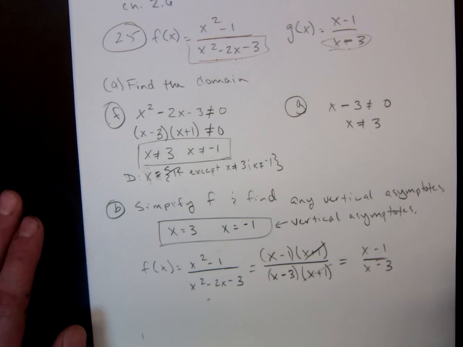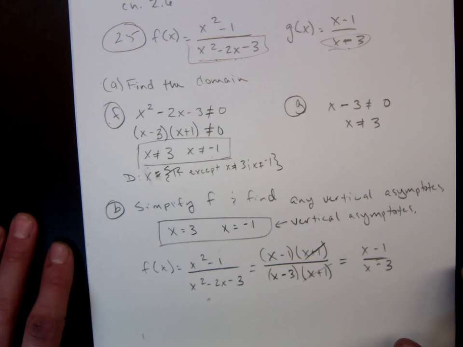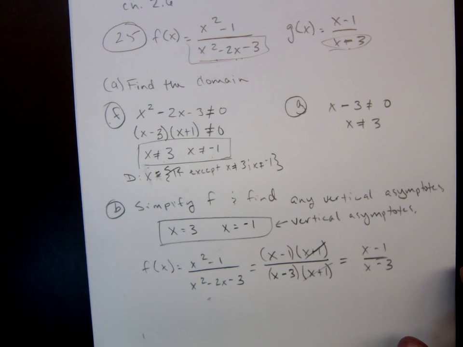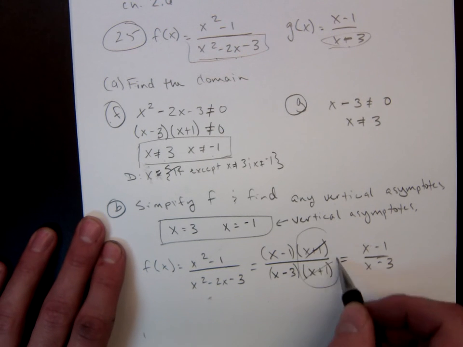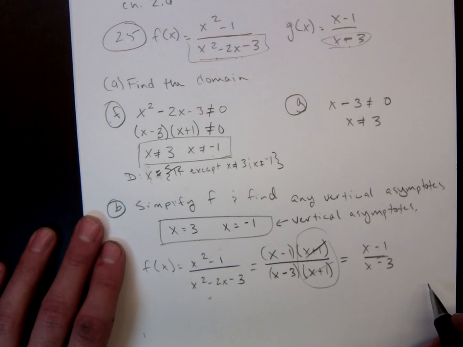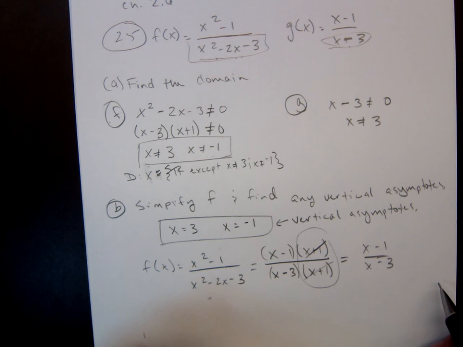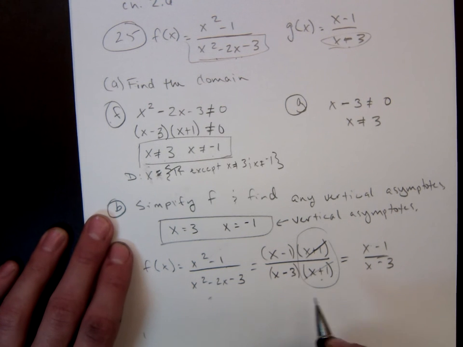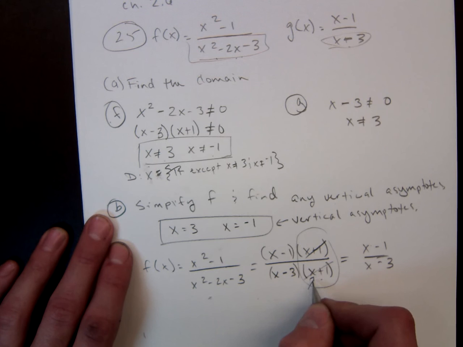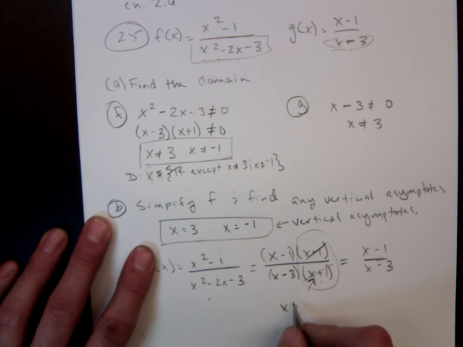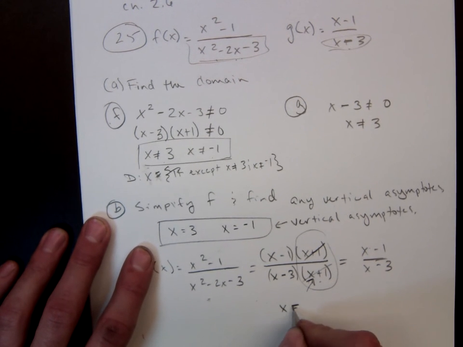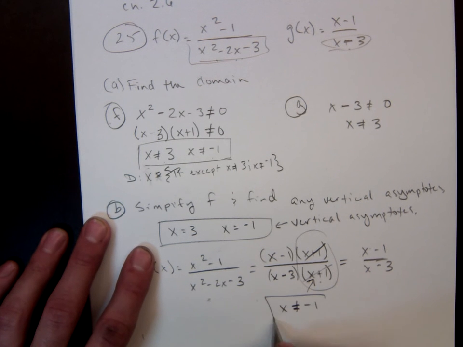Now, what they mean by a hole is a hole occurs at a point that we canceled out. So this point right here that we canceled, we can't just forget about it. In this particular case, we want to make sure that we realize that this is still an important point because x cannot equal negative 1.